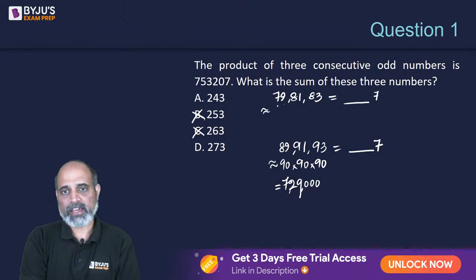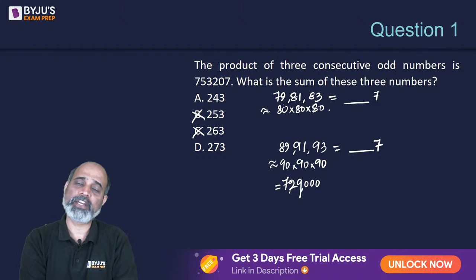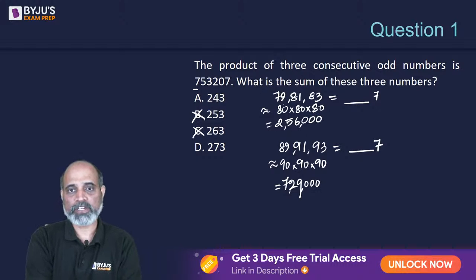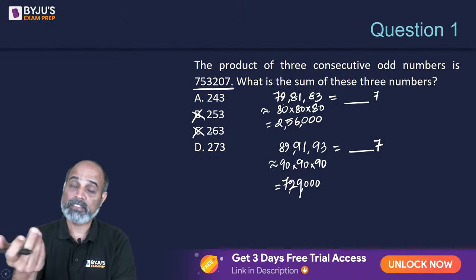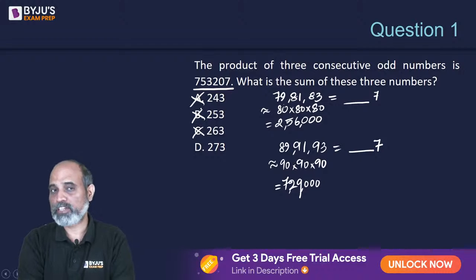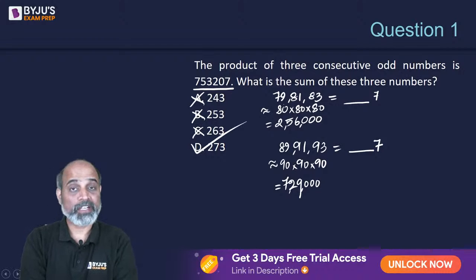If we consider each of the 3 values to be like 80, 80 and 80 and multiply them, 8 into 8 is 64, 64 into 8 is 512. So this is only 5,12,000, but if you look at the product, it's around 7,53,000. So definitely A falls very short of it. So only D makes sense.